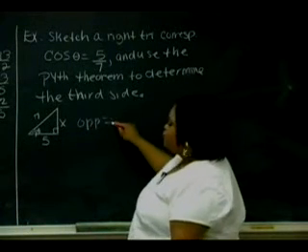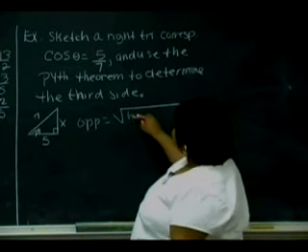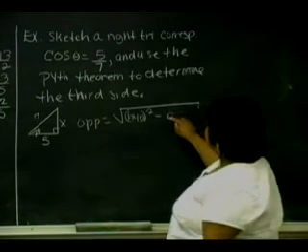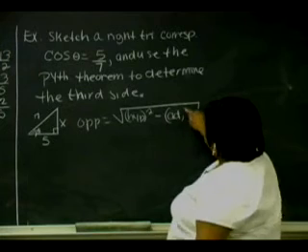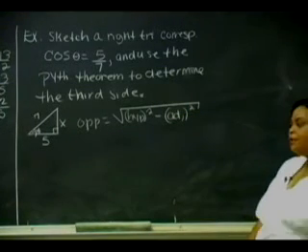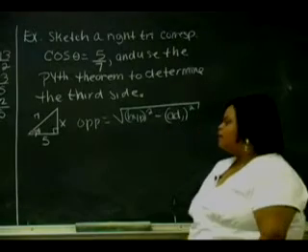Opposite will be the square root of what? The hypotenuse squared minus the adjacent squared. Is that correct? Okay, by using Pythagorean theorem, hypotenuse squared equals opposite squared plus adjacent squared. We can find the opposite.